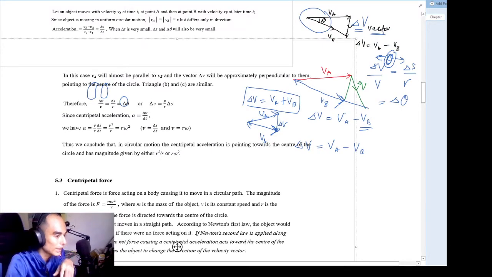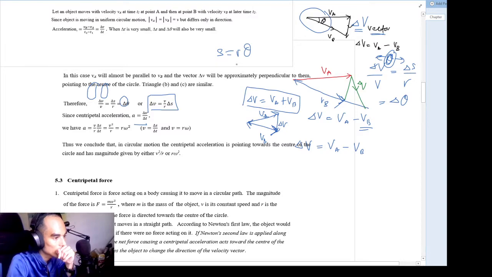So since A is change of V over T, we have change of V over T. So have V equals S over T. One more here, you have to remember V equals V over R times S. S equals R theta. Okay.